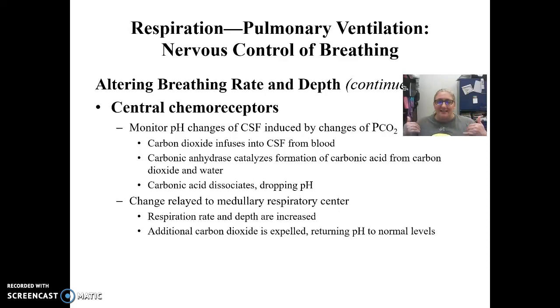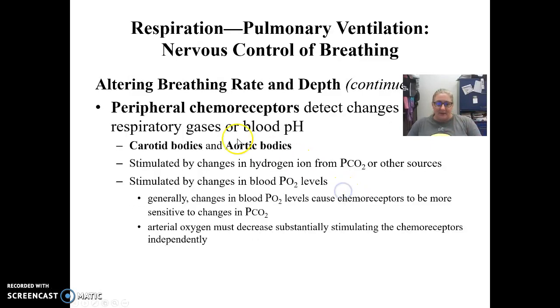So the more carbon dioxide in our system, the more carbonic acid that can be produced, which produces a much lower pH than we're supposed to have. And so that change is going to be relayed to the medulla and cause us to increase breathing rate so that we blow off more carbon dioxide.